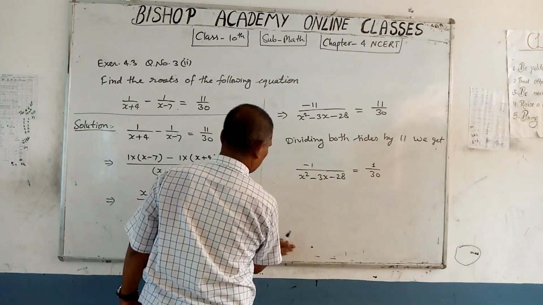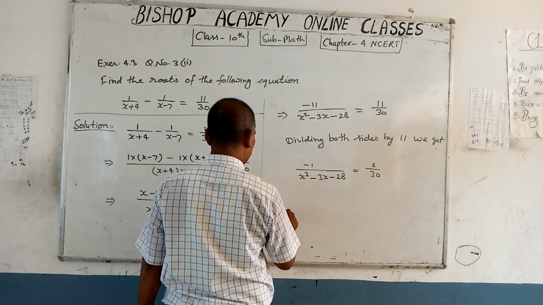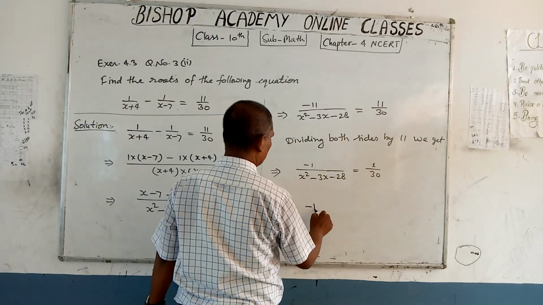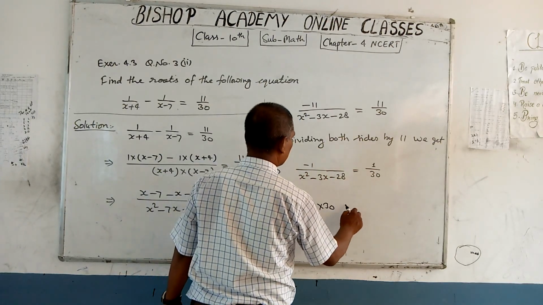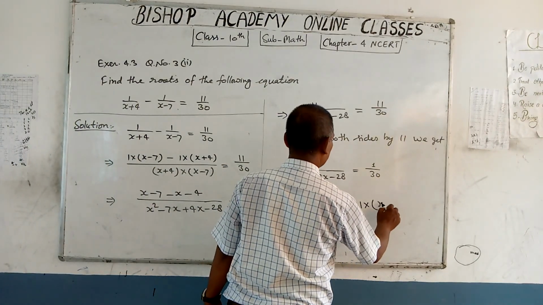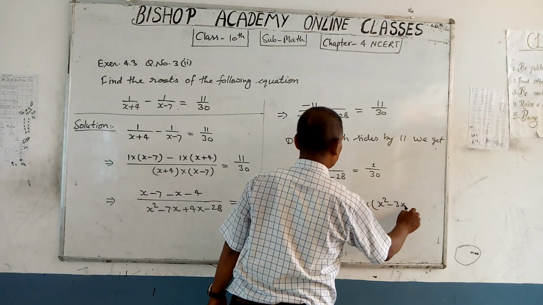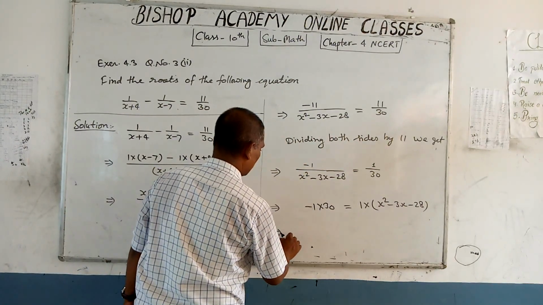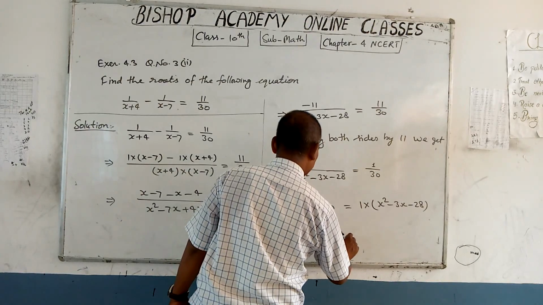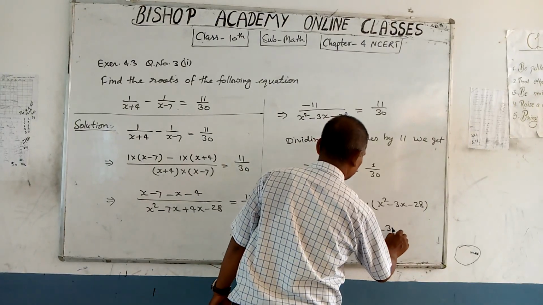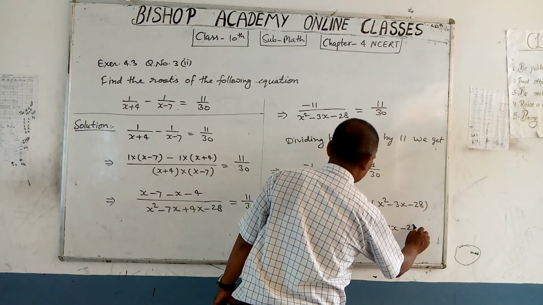Now using cross multiplication, 30 multiply minus 1, minus 1 multiply 30 on the left, and on the right you can see 1 multiply x square minus 3x minus 28. On the left you get minus 30, and on the right you get x square minus 3x minus 28.